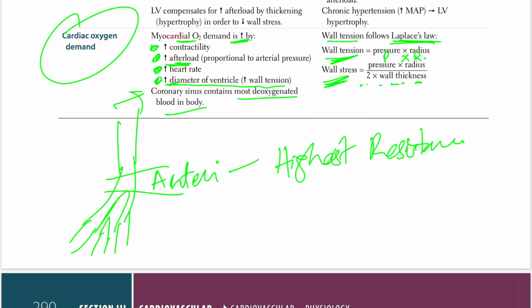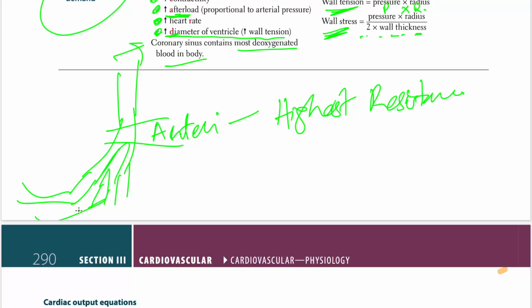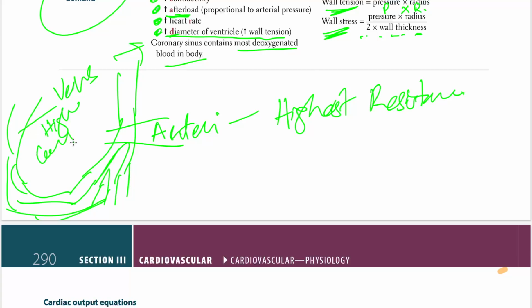And the veins will have the highest compliance, meaning distensibility. They have a greater amount of distensibility, highest compliance, and that's an important concept. The arterioles have the highest resistance. Venules or veins have the highest compliance.